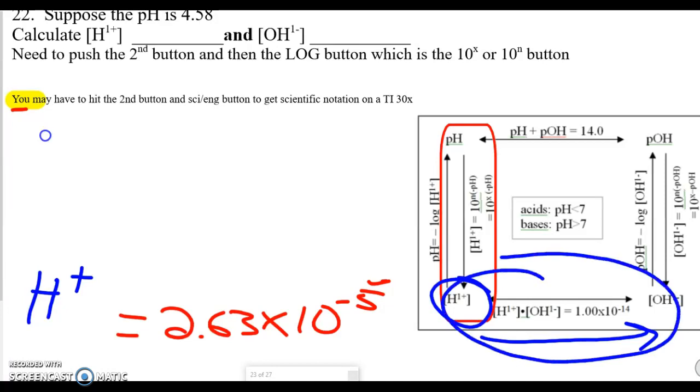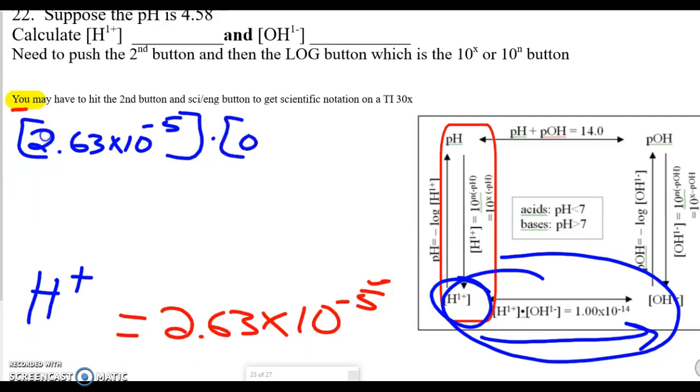Hydrogen ion concentration times hydroxide ion concentration equals 1 times 10 to the negative 14th. So 2.63 times 10 to the negative fifth, that's my hydrogen ion concentration, times my hydroxide ion concentration has to equal 1.00 times 10 to the negative 14th.